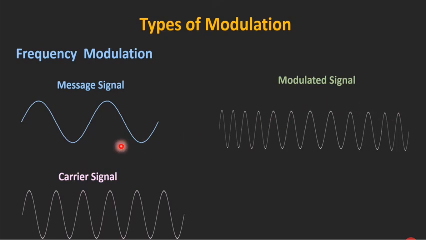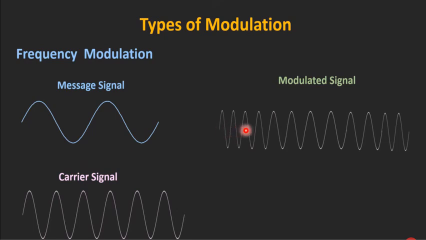Similarly, in the case of frequency modulation, the frequency of the carrier wave changes according to the message signal. With the increase in the amplitude of the message signal, the frequency of the modulated signal also increases.